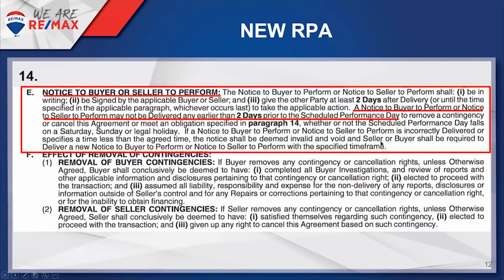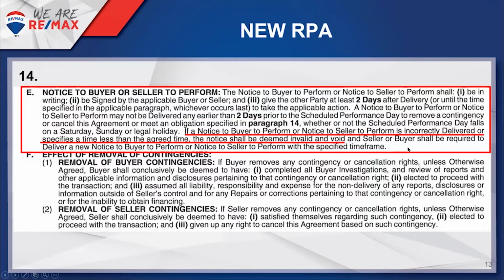Now, here's what's new, and this is very helpful to have this spelled out. I have argued in the past that I think that is legally accurate, but now it's in the contract. If a notice of buyer to perform or to seller to perform is incorrectly delivered, in other words, it's delivered early, or it specifies a time other than what's in the contract, the boilerplate of the contract is 2 days.